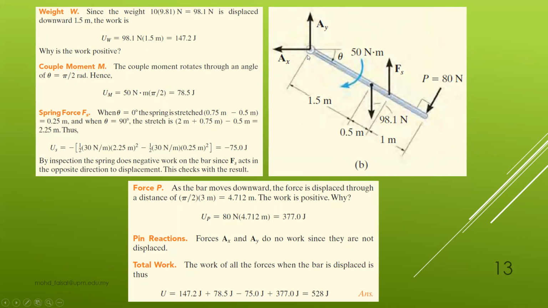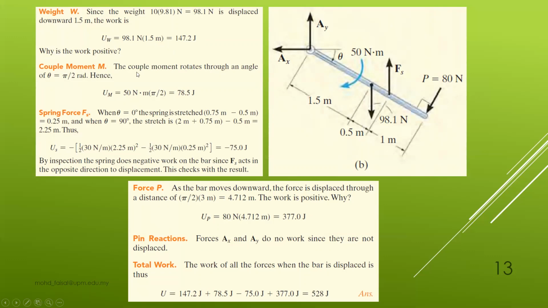We know that the total length is 3 meter, so from the center of mass to this pivot point is 1.5 meter. So that's why we have 1.5 meter. Then the work is the weight times 1.5 meter. This is why the work is positive. I hope you got the answer.